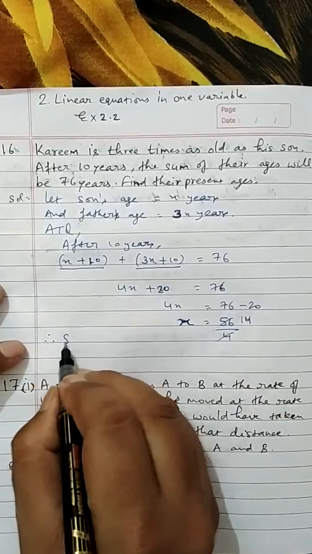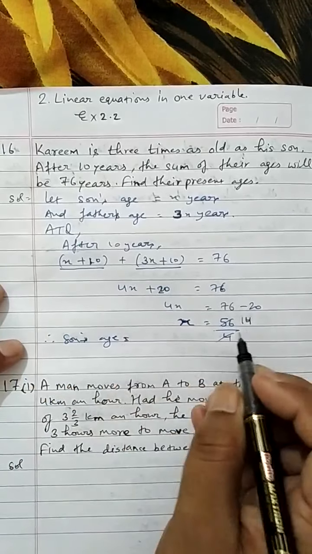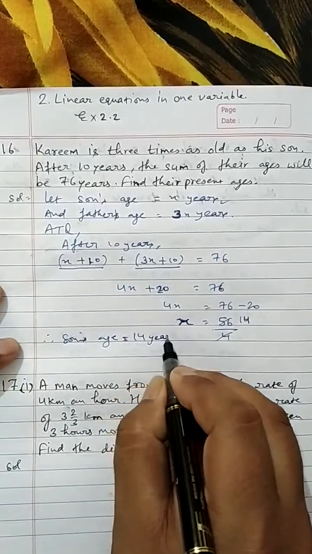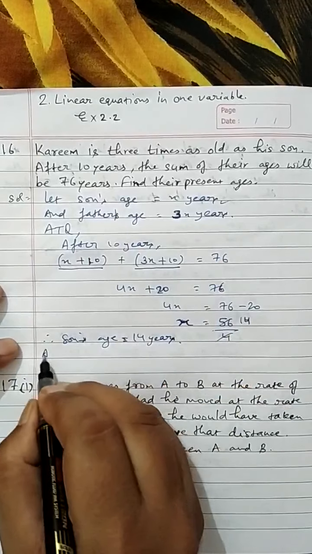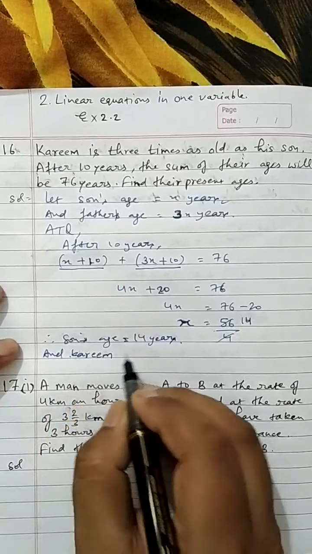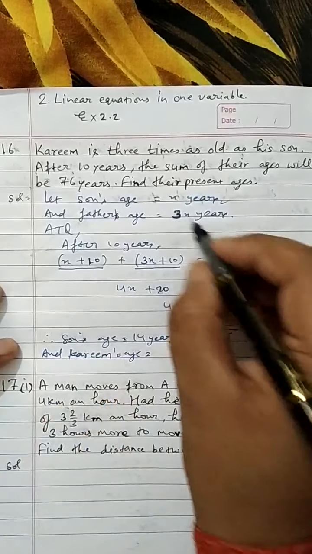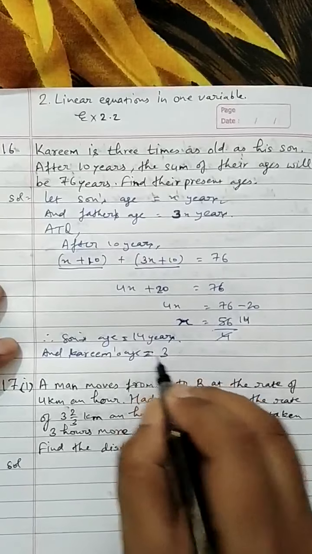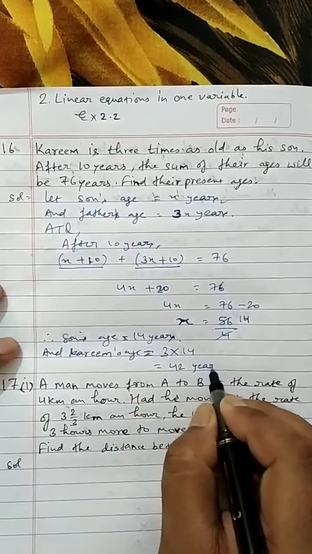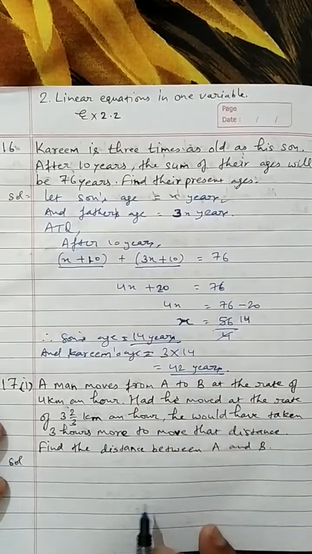So son's age is x, so x is 14 years, and Kareem is the father, so Kareem's age is 3x. So we will multiply 3 by 14. 3 14s are 42 years. So this is the answer: 14 years and 42 years.